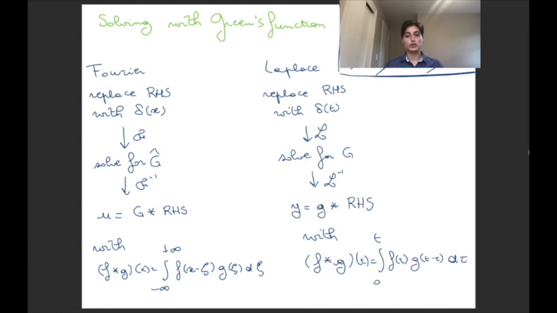The only thing that changes is the definition of the convolution. So our workflow, when we work with Fourier or when we work with Laplace, is extremely similar. The only thing you have to do is check which one you want to work with, and you follow through the same steps.